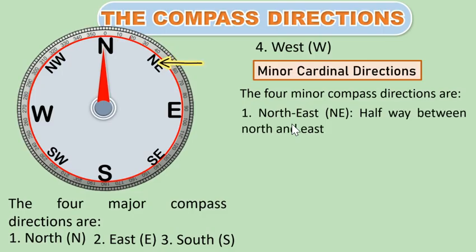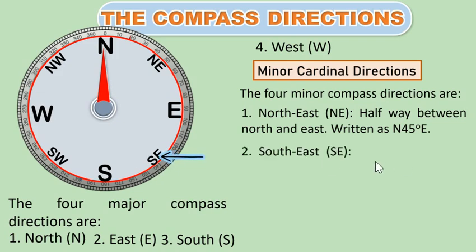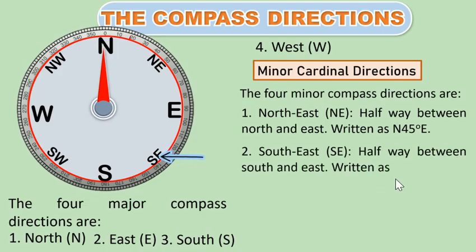Usually in acute angle format, we write that as north 45 degrees east. Then number 2, you have southeast. Southeast is halfway between south and east. In the acute angle format, that is written as south 45 degrees east.